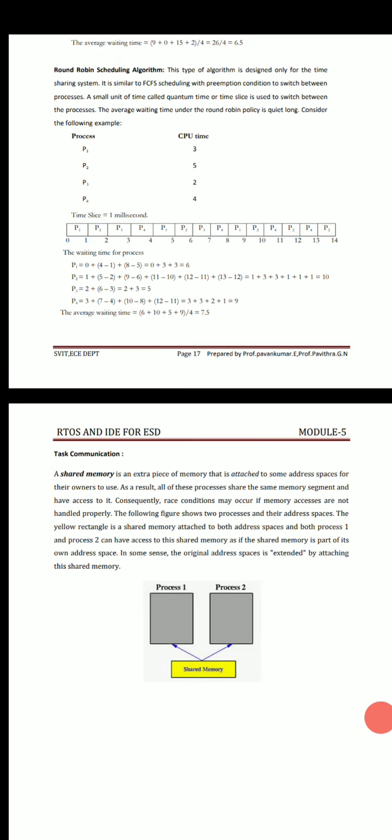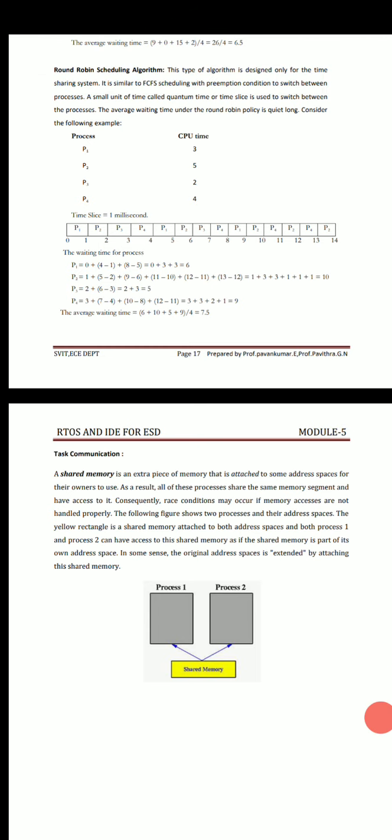which is 6. Similarly, for the waiting time of process P2, it is scheduled between 1 and 2, 5 and 6, 9 and 10, and 13 and 14. If you calculate the waiting time for P2, it will become 10.